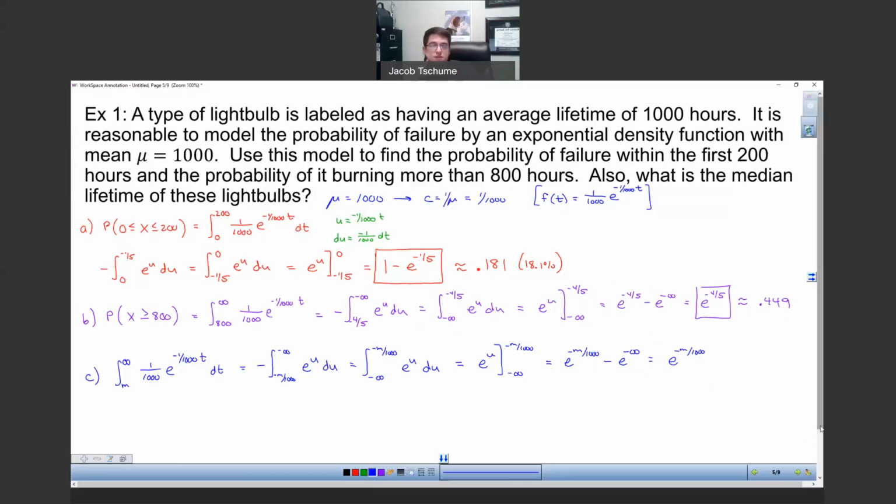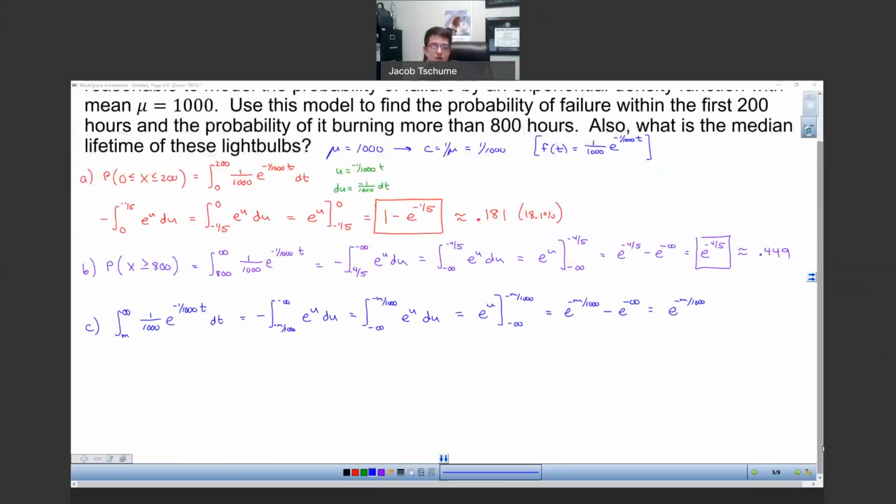Now, our goal is to solve for that m value. For it to be the median, that means e to the negative m over 1,000 must equal 1/2. What value of m makes this equal 1/2 or 0.5? All right, take the natural log of both sides, which will give you negative m over 1,000 equals the natural log of 1/2.